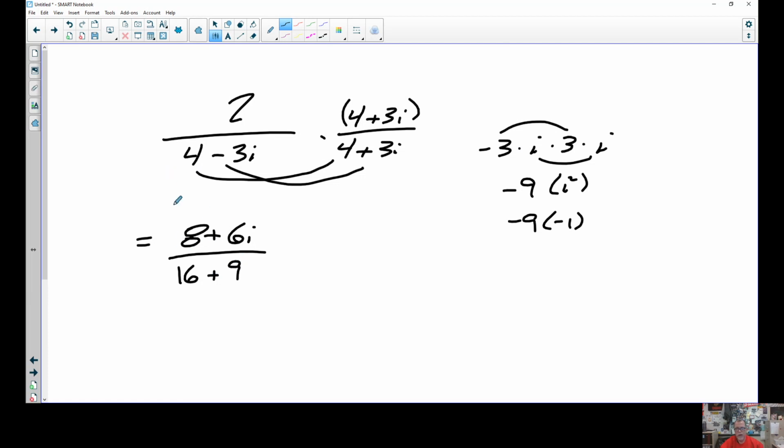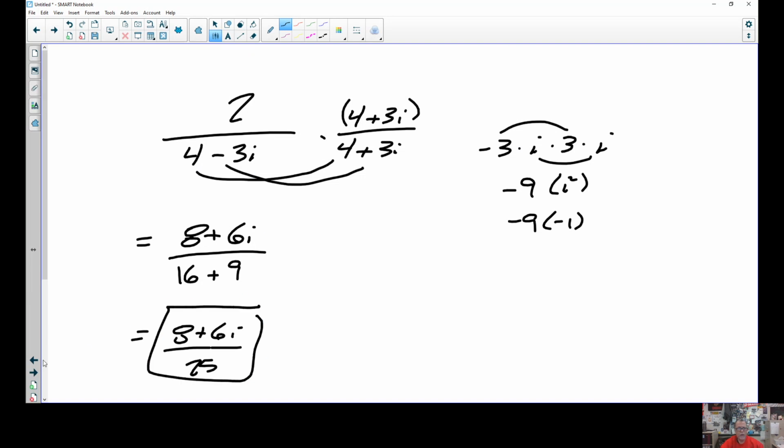And when we have that, we get 8 plus 6i over 25. I just totally gapped there, guys. And I'm not going to take it out of the video. I am going to leave it there, warts and all. So over 25. No common terms, so we are completely simplified there.